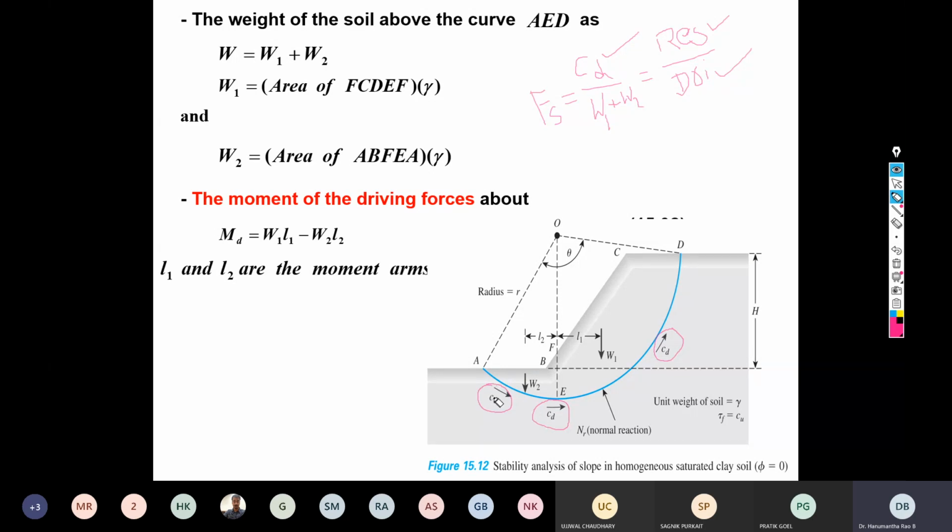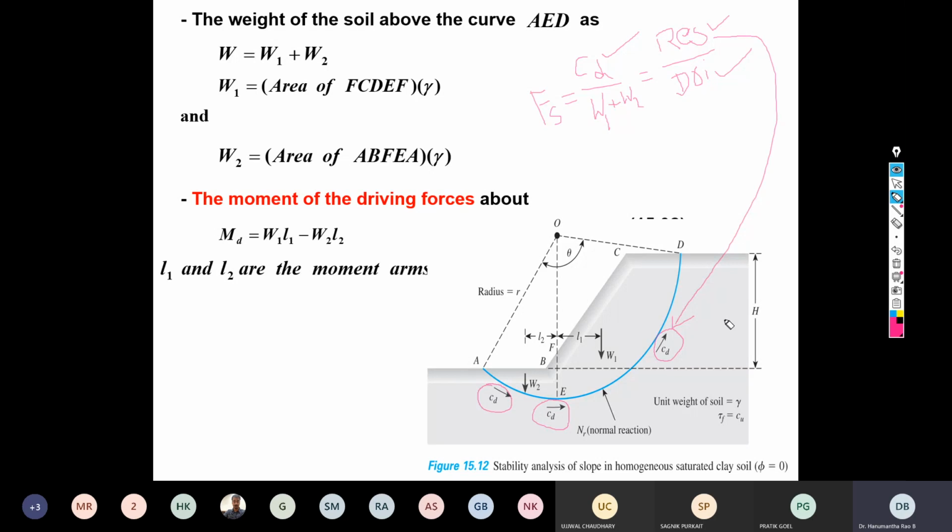If you multiply CD with R, you are going to get the resisting moment. And if you look carefully, since you are assuming this as circular, R remains the same at any point all along the slip circle. Whatever point you take, R remains the same.